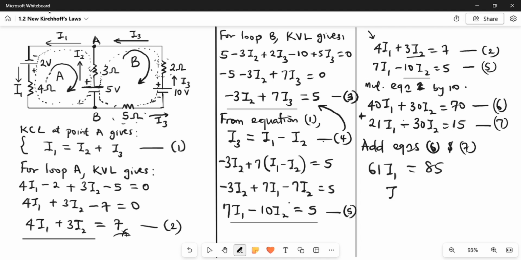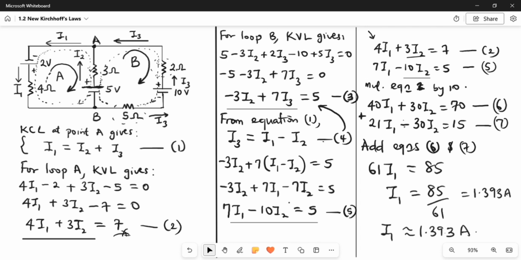So our I1 will simply be 85 divided by 61, which leaves us with 1.393 ampere. So our I1 is 1.393 ampere.